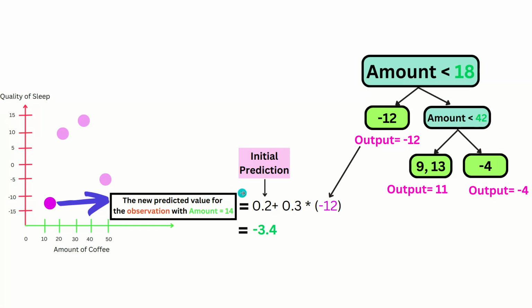In this case, the initial prediction is 0.2, 0.3 is learning rate, and minus 12 is output of the tree. When you pass 14, it will generate minus 12, and then we get result minus 3.4.